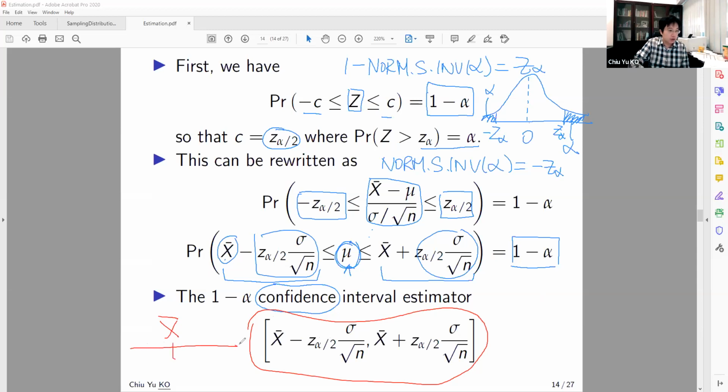You add something we call z alpha over 2 times sigma over root n, and you subtract the same quantity, z alpha over 2 sigma over root n. Why alpha over 2? Because both sides have alpha over 2, and the center one is 1 minus alpha.